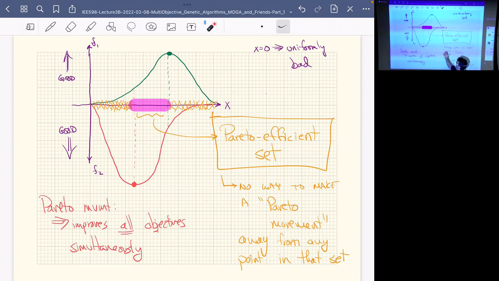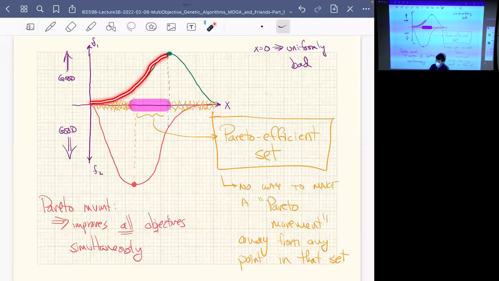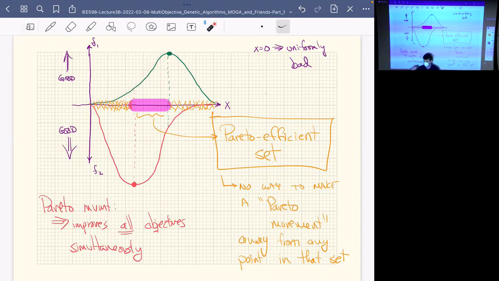So there's a question about whether we can check these with the gradients. Of course, if you have the analytical form of these functions and they're differentiable, then you can use gradient information to determine if there is a movement out of there.